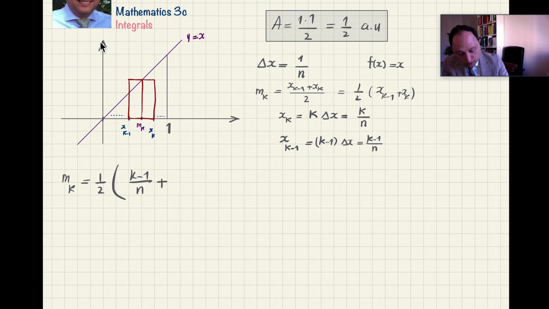Plus, what is x sub k? It is this expression. Okay, so the denominators are the same. So let us make the common denominator: k minus 1 plus k. Yes, and then I have a 1/2 here. So you see this becomes 1 over 2n. K and k becomes 2k minus 1. So this is my m sub k.